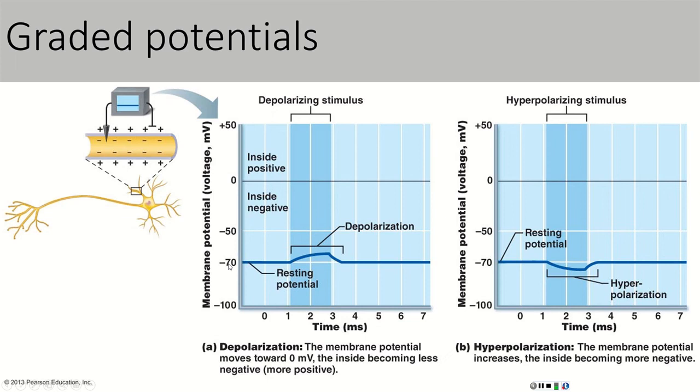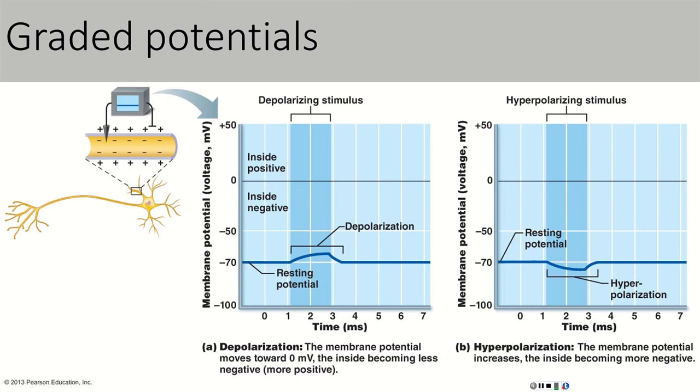If we were to somehow make the membrane more permeable to a certain ion, maybe we make that cell a little bit less negative. Well, that's called depolarization. Depolarization just means we become less negative than resting membrane potential.